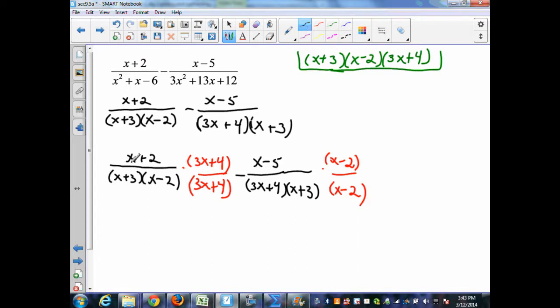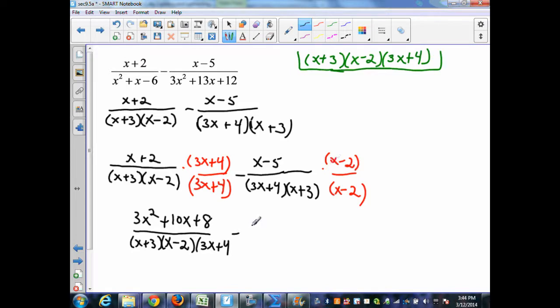And when I do, that's going to give me 3x squared. My outer is 4x. My inner is 6x, which is going to give me a plus 10x. And my last is plus 8 over (x plus 3)(x minus 2)(3x plus 4), minus (x minus 5) times (x minus 2).